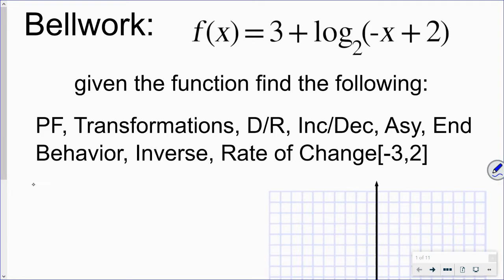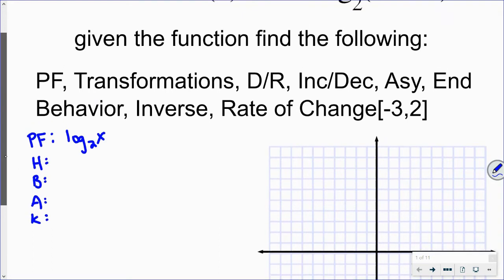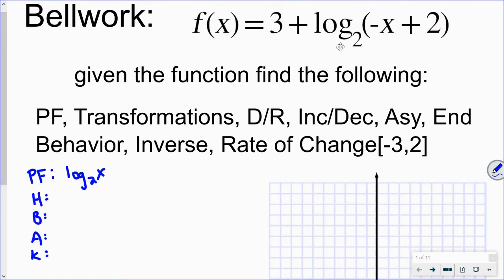So we'll start with the parent function. The parent function is log base 2 of x. We'll go through our HBAK so that we can get the graph. Okay, so this is in a different form here.